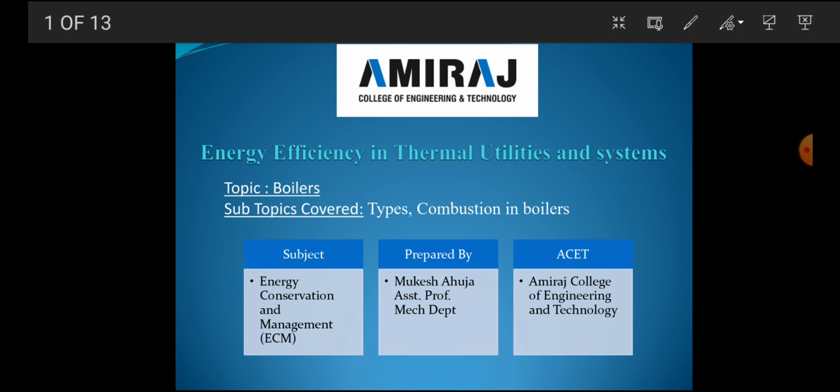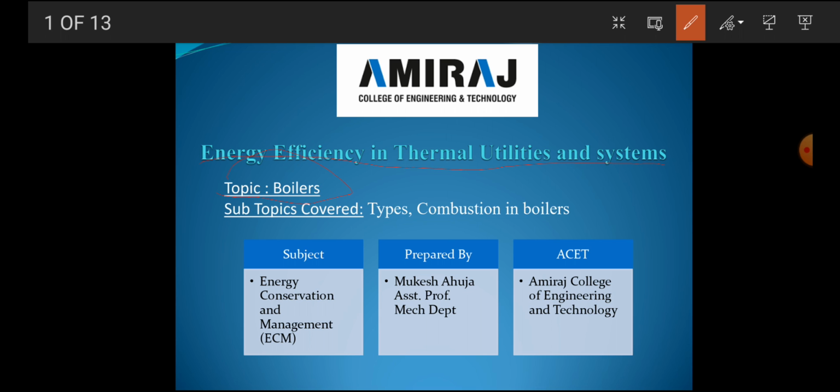In this chapter, we are going to discuss various systems like boiler, steam system, furnaces, insulation and refractories, heat exchangers, waste heat recovery, HVAC, etc. So we start with boilers.